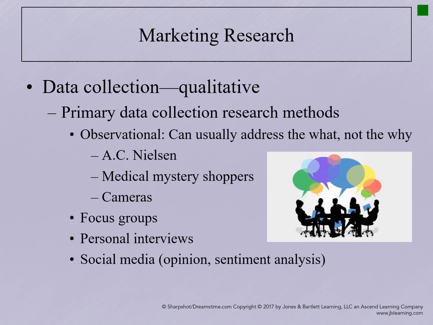All right, so marketing research, there's different ways. This was quantitative ways. That means there's a number associated with it. There are other ways that you can get primary data collection as well. And so one of them is observational, mystery shoppers.